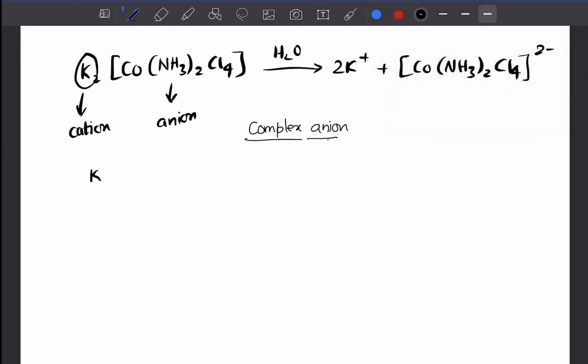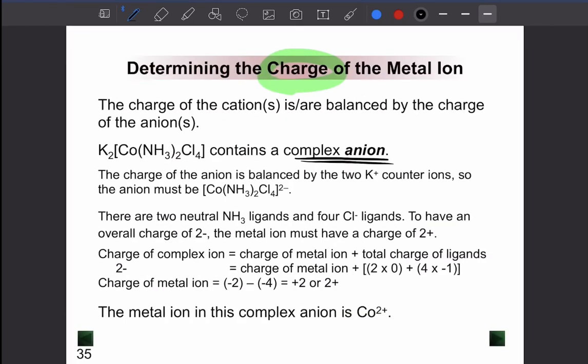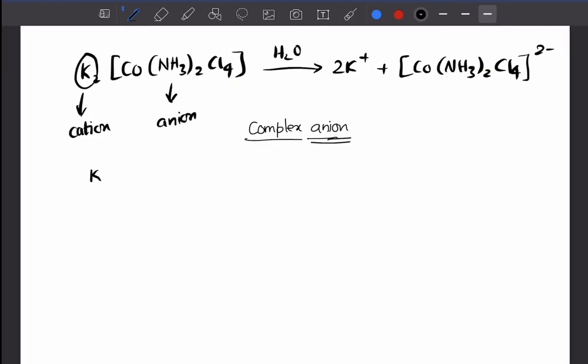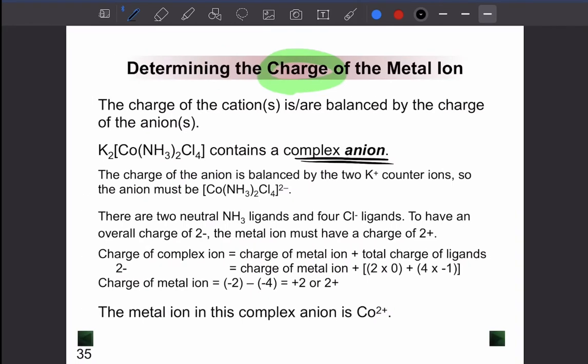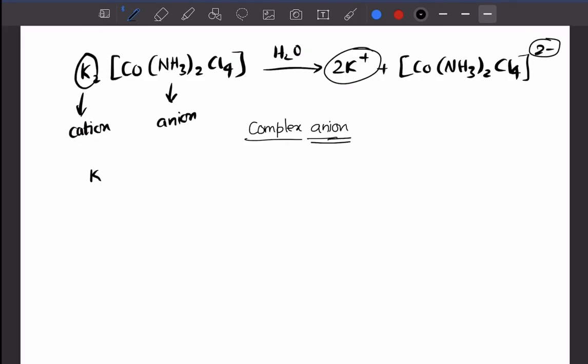Now, by taking the complex anion into consideration, how do you calculate the charge? We know that the anion itself has a charge of 2 minus because it has to counteract the positive cation. Now, there are two neutral ligands, the two NH3s. NH3 is a neutral ligand, and there are 4 Cl minus ligands.